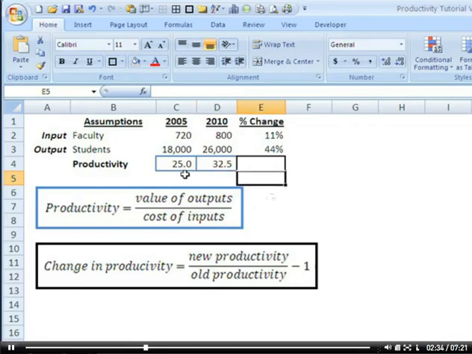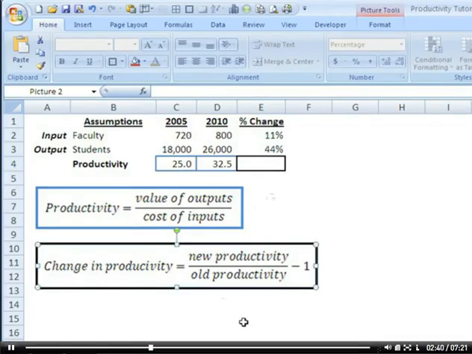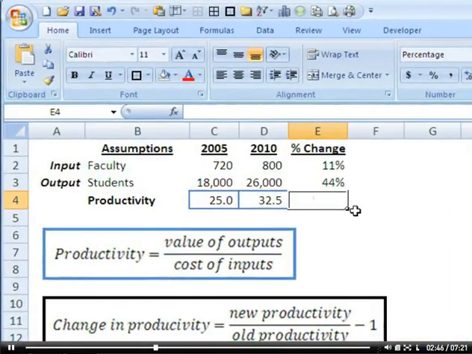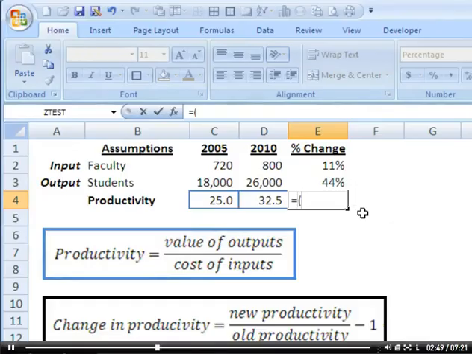To see how much we increased productivity, we look at this formula here. The change in productivity is equal to the new productivity divided by the old productivity minus 1. So we will open up a parentheses. The new productivity is 32.5 divided by the old productivity of 25, close parentheses, and minus 1.